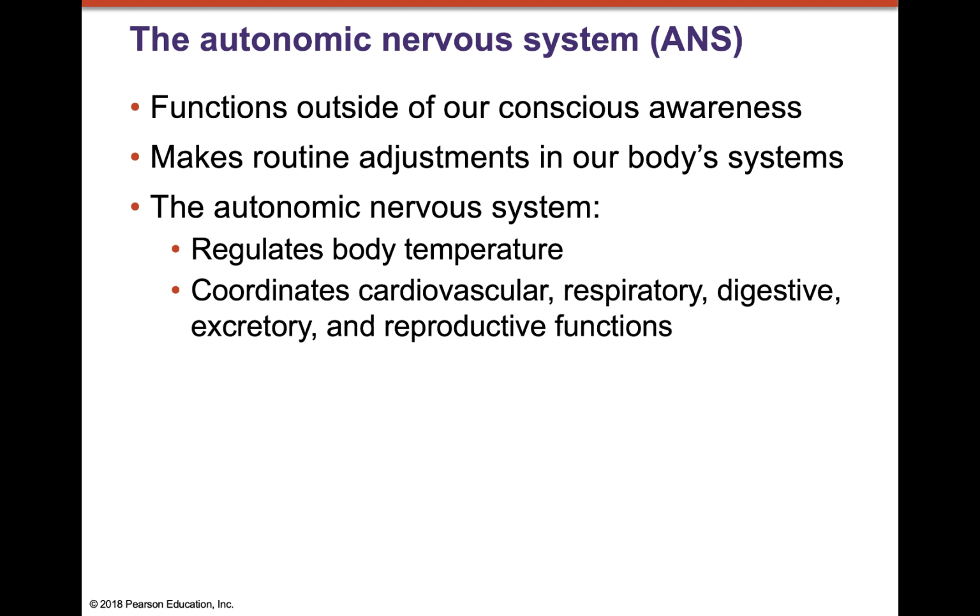But it is affected by the conscious mind. Let's say you're watching a scary movie and your blood pressure suddenly goes up if something scary comes up, or your heart rate goes up. You're not aware of that, but it is affected by your conscious mind, something that you're aware of. It's going to make any routine adjustments to your body systems, and it's going to regulate the body temperature.